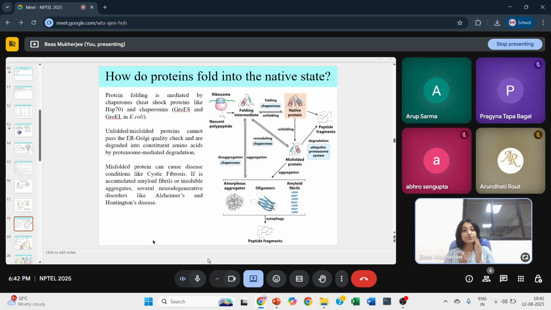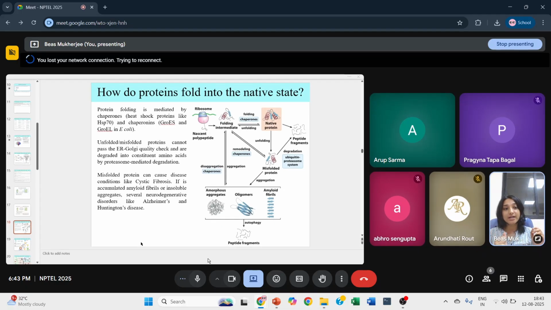Their function is to make sure that once the protein is synthesized from the ribosome, they take this nascent polypeptide, which is just unfolded, and help in its folding. So these proteins are called chaperones. Plus, their role is to check whether the proteins are folded correctly or not.